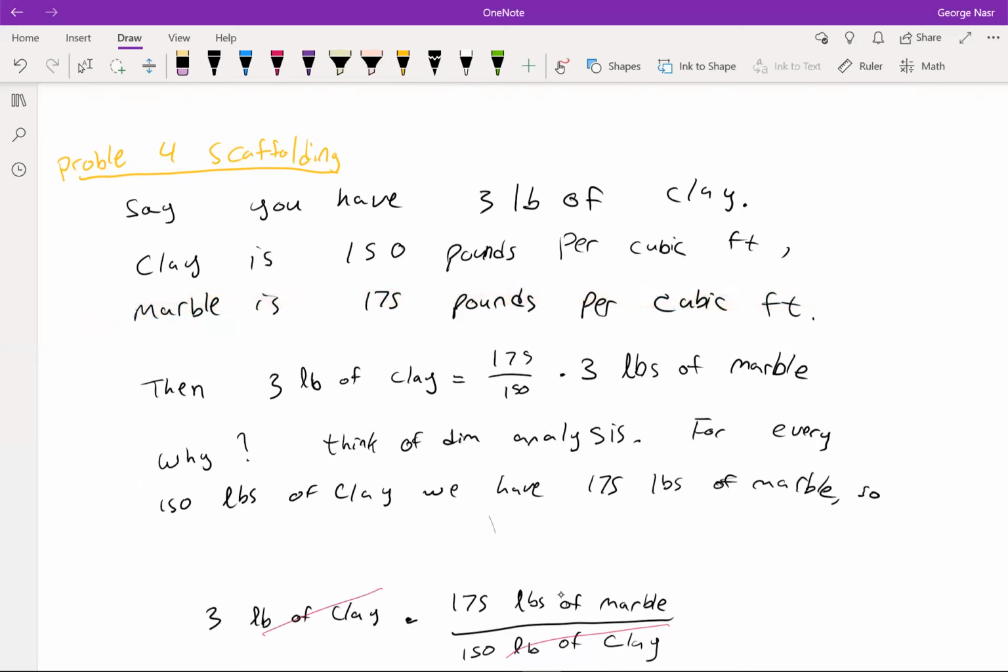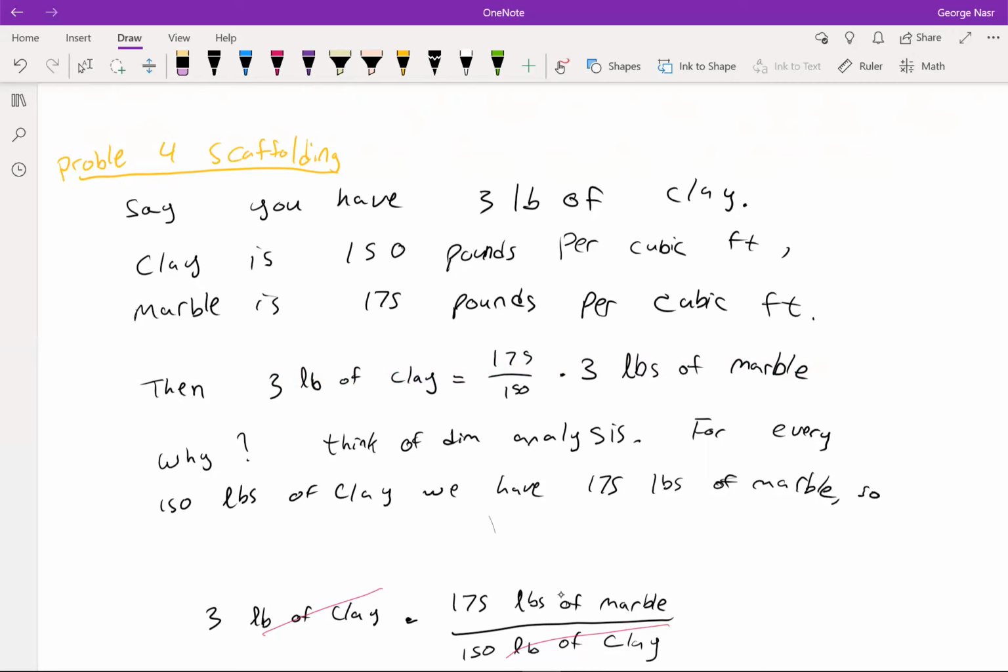Let's say I had a little tiny sculpture made of clay and I wanted to know, if I had instead made the sculpture using marble, how would the weight change? And this is my claim: 3 pounds of clay equals 175 over 150 times 3 pounds of marble.